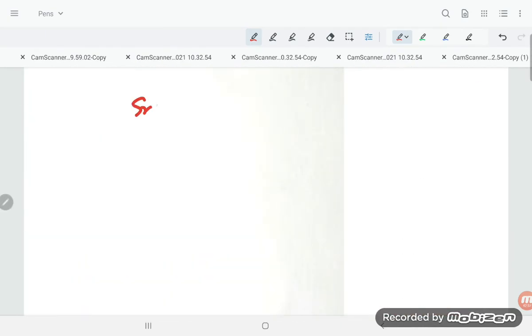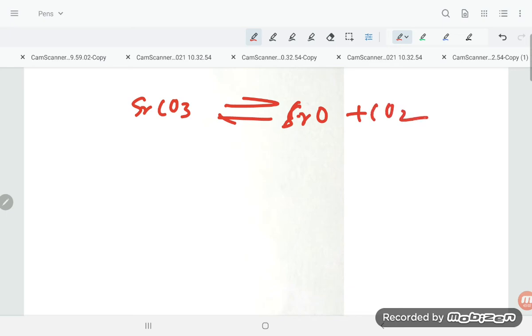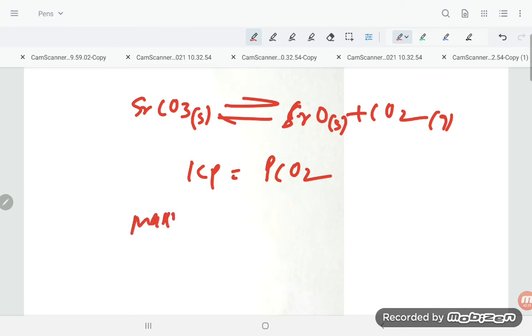So what we have is SrCO3 giving SrO plus CO2. Kp is equal to what, student? PCO2 for this reaction, because here the solids are there and here the gas is there. So Kp is equal to PCO2, the maximum pressure of CO2 they are saying.